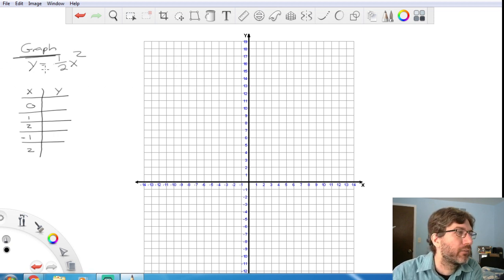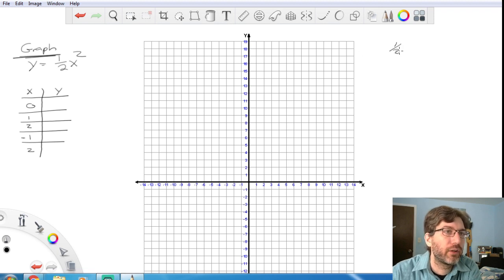So here we have the graph of 1/2 x squared. If I plug in 0, then I get 1/2 times 0 squared, and that's going to give me 0. That all cancels out. So I have a point at (0, 0), which is right here.